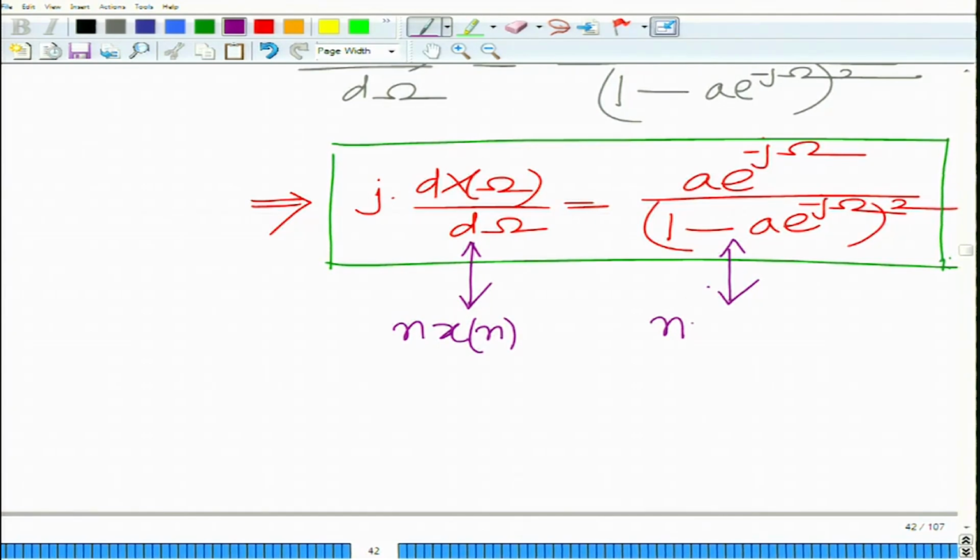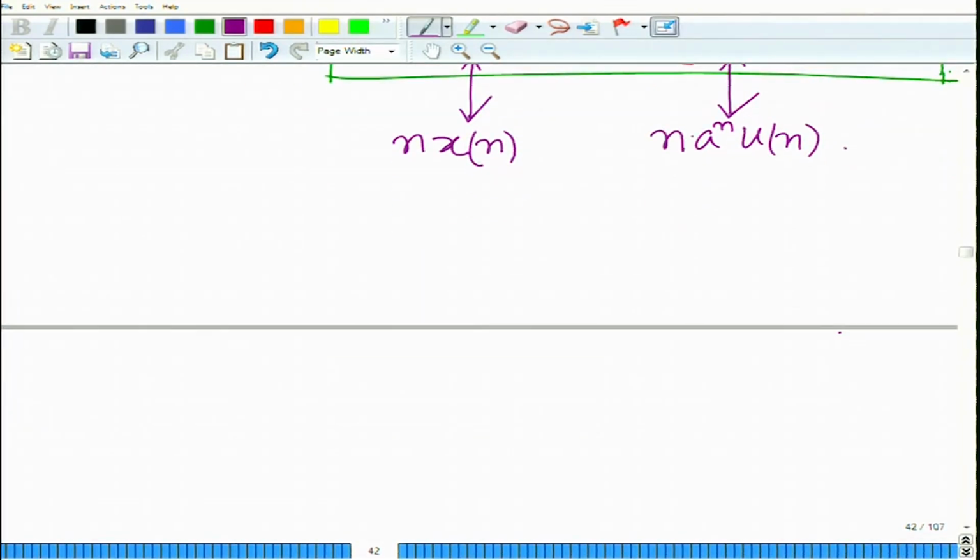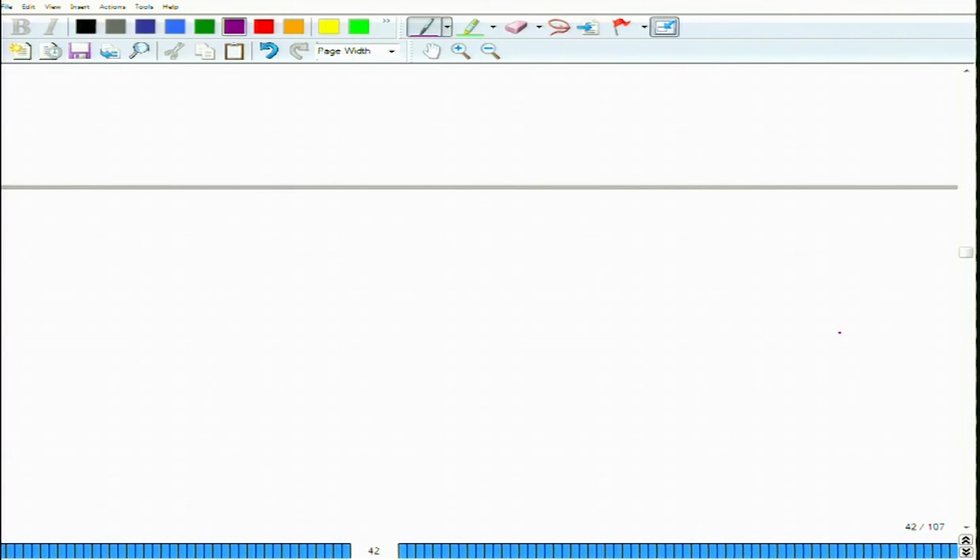We know X of omega corresponds to a^n u[n], so n times x[n] is n times a^n u[n]. That is a e^(-j omega) by 1 minus a e^(-j omega) whole square. Now, let us simplify this quantity.